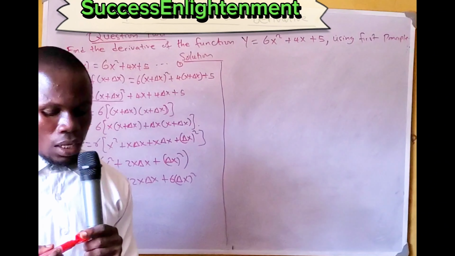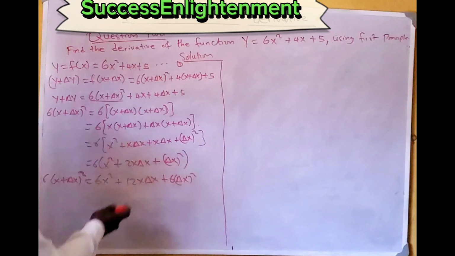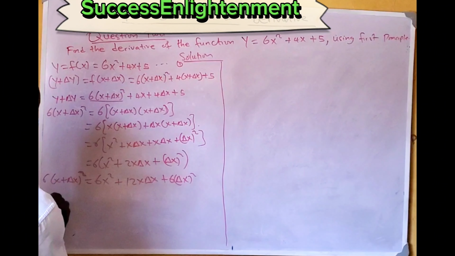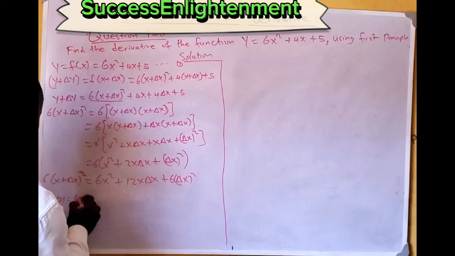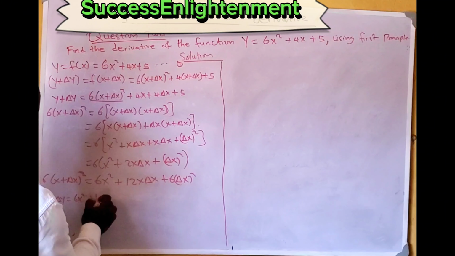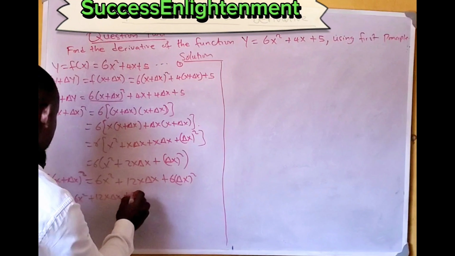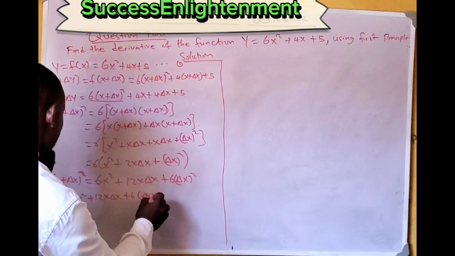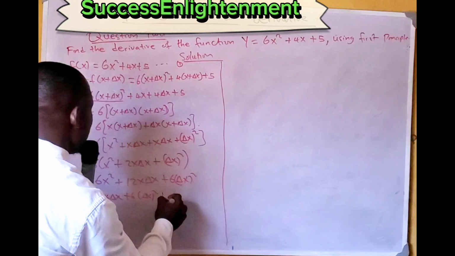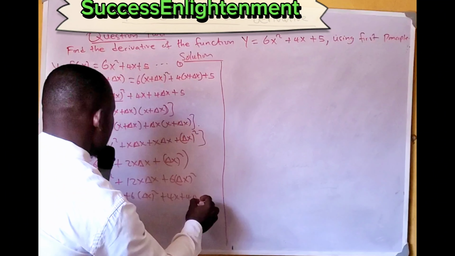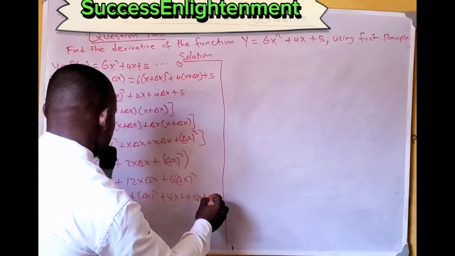Now that we've gotten this, we can bring this back in here. So now our y plus change in y equals 6x squared plus 12x change in x plus 6 into change in x squared plus 4x plus 4 change in x plus 5.